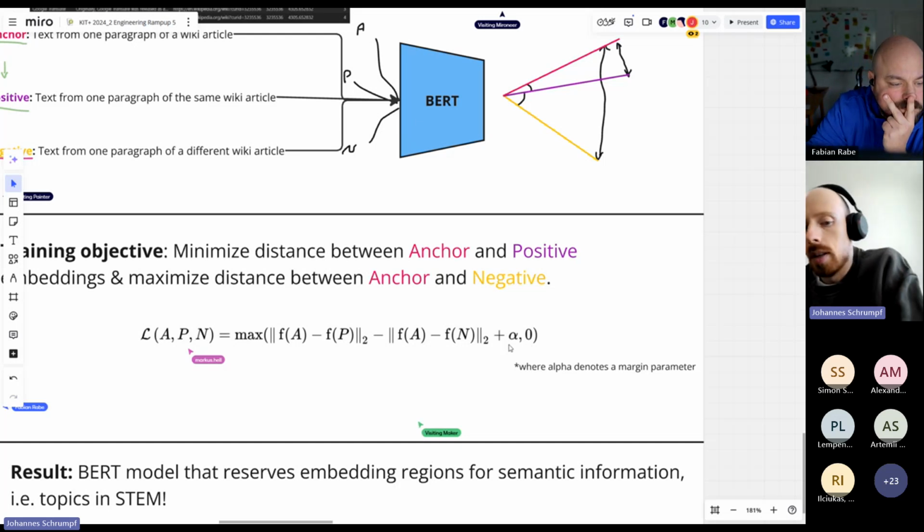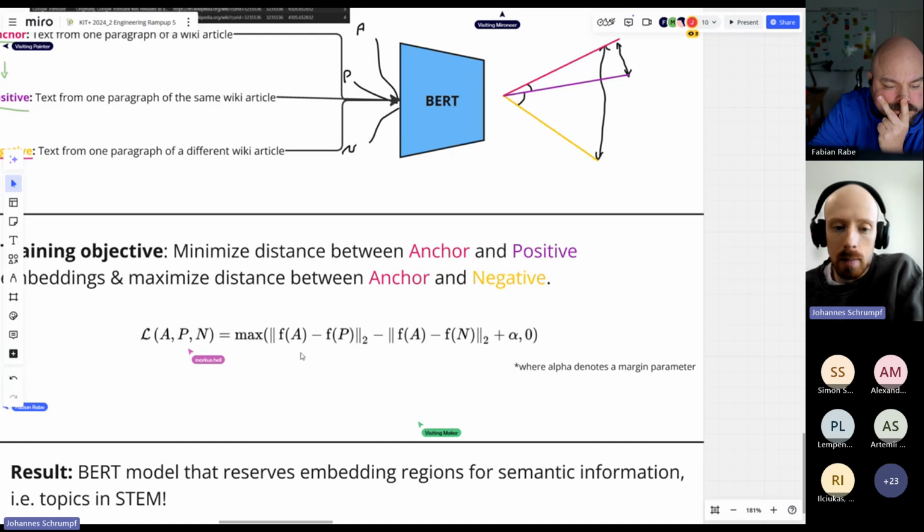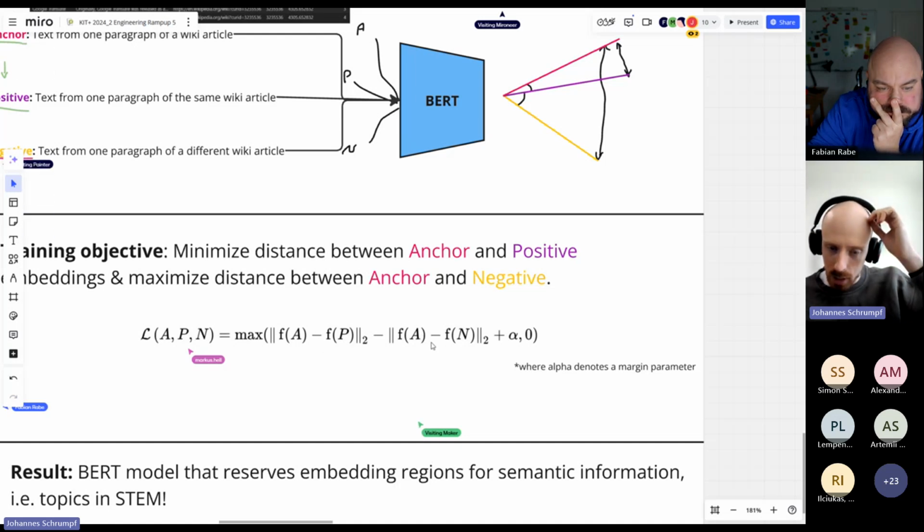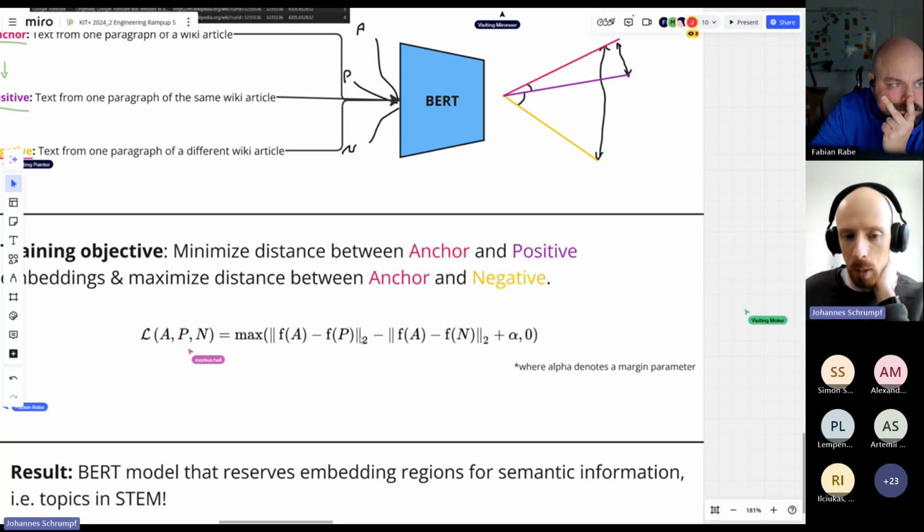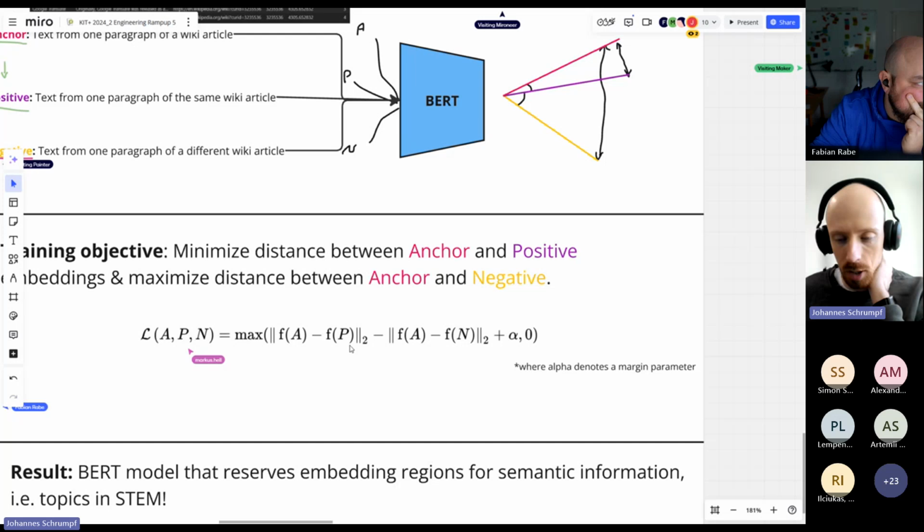For this triplet learning, I'm also using this exact definition of the Euclidean distance to calculate the distance between vectors.